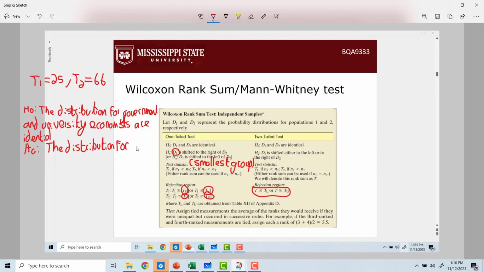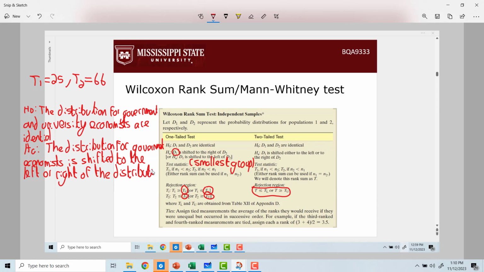For government economists is shifted to the left of the distribution for university economists.